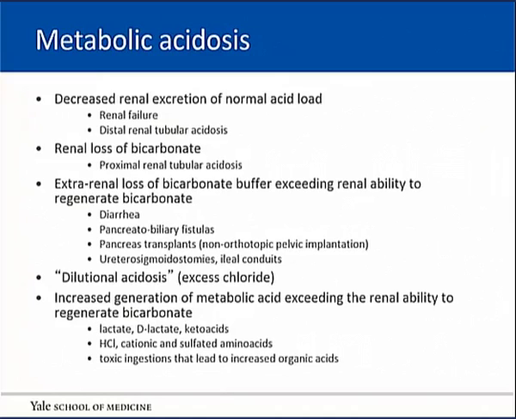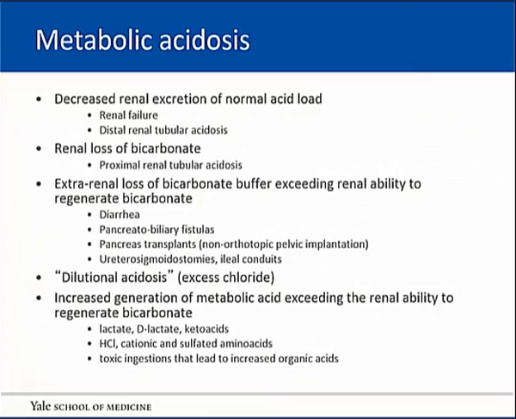You can get there primarily by 5 means. You can have a decreased renal excretion, primarily through either impaired renal function or a renal tubular acidosis. You can have renal loss of bicarbonate, which is what happens in one of the renal tubular acidosis, the proximal type. You can have extra renal losses of bicarbonate, most of the cases either through diarrhea or through an upper pancreatobiliary fistula.